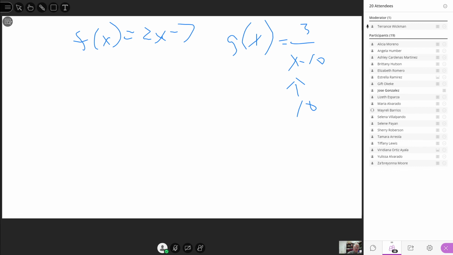So the solution set from this is all numbers from negative infinity up to 10, but not including 10, and all positive numbers to infinity, but not 10. So that's your solution.